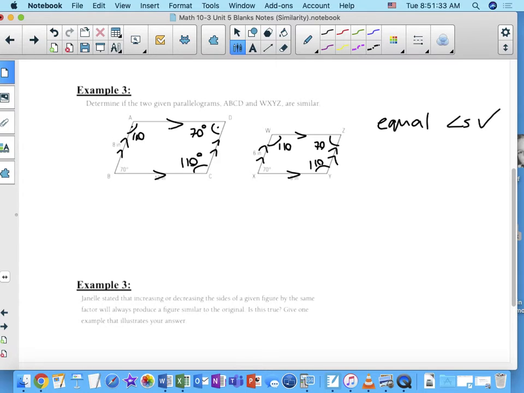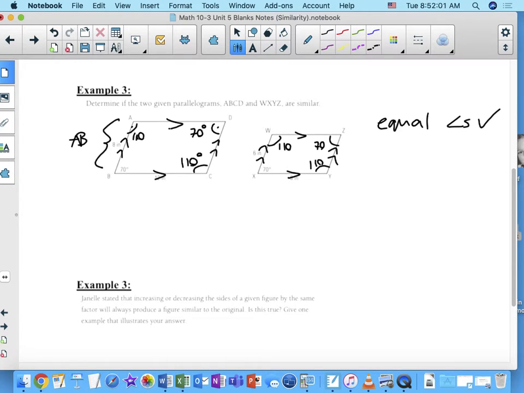Okay, now if we compare, though, the shorter side to the shorter side and the longer side to the longer side, or like the slanted side to slanted side, base to base kind of thing, what we will find is, okay, let's call this side over here AB.